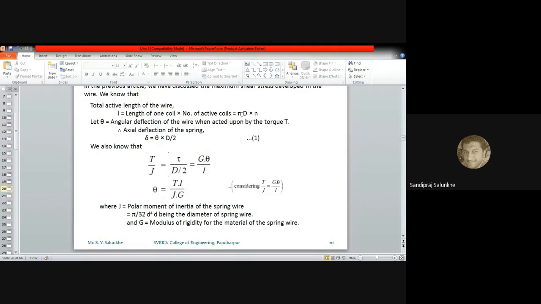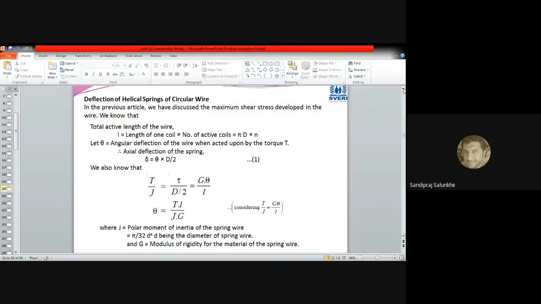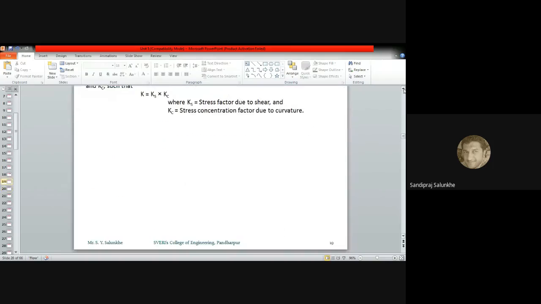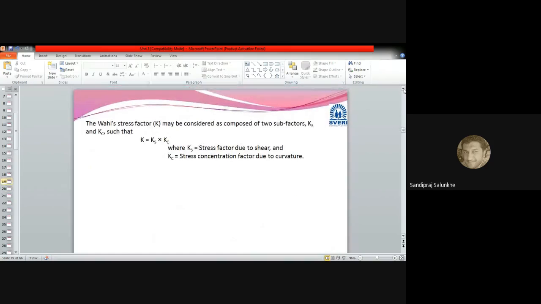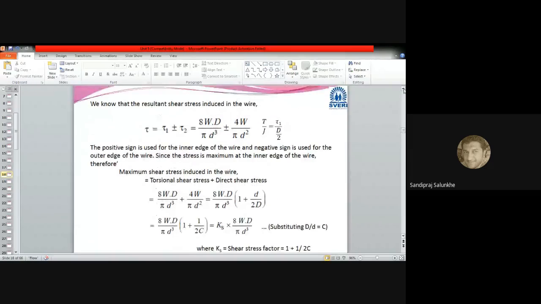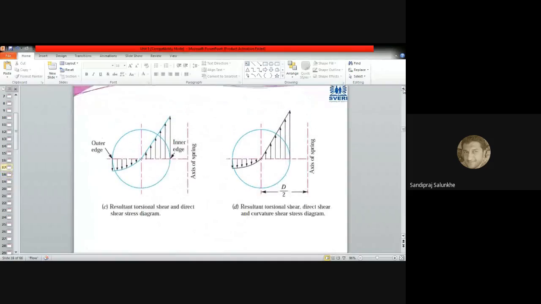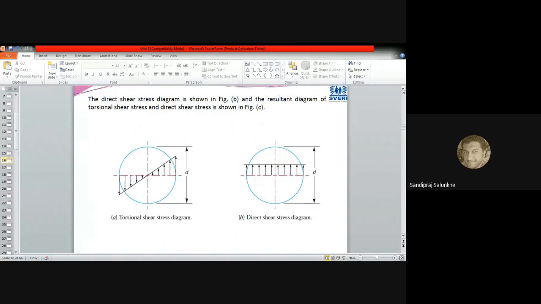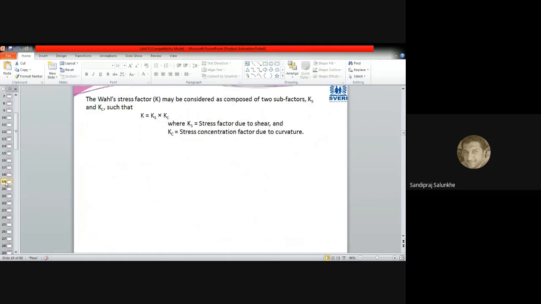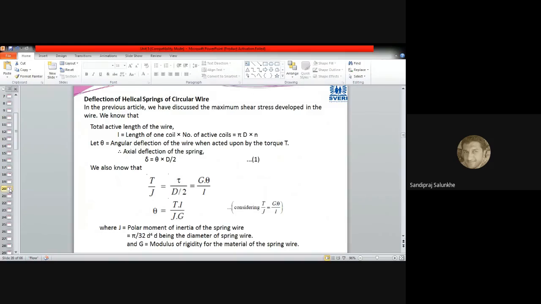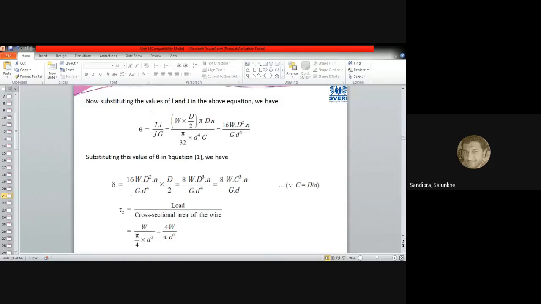L is equal to pi d into N. Whereas how did we calculate T?